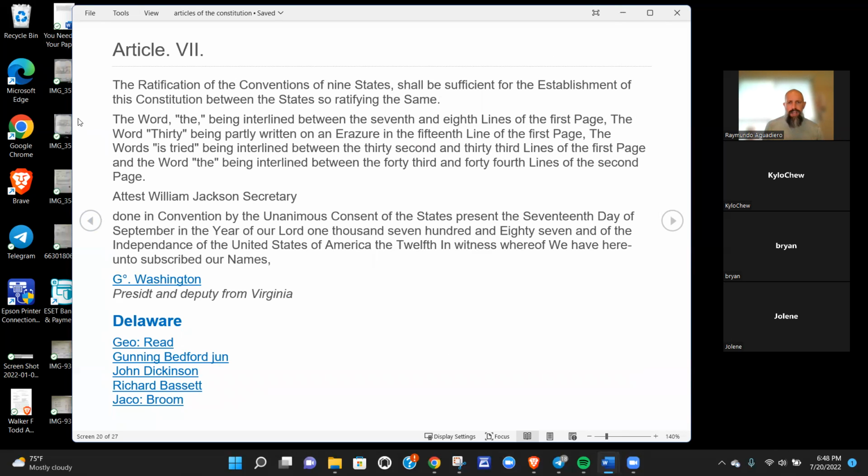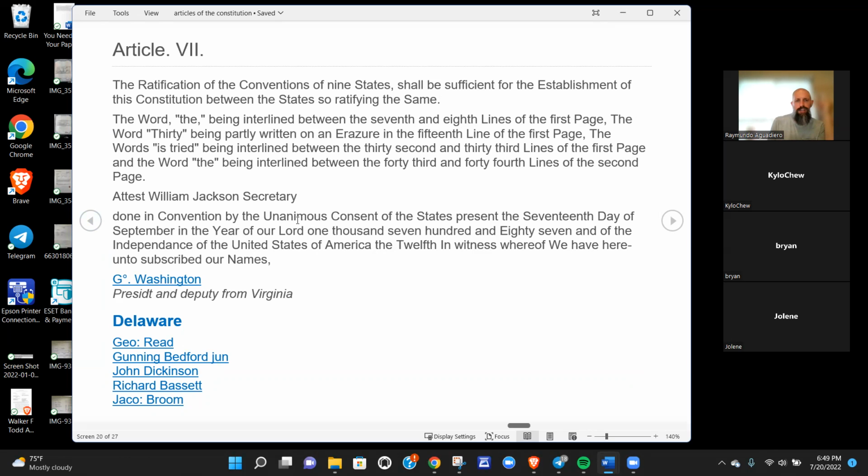This part was some corrective things, I believe, in the original writing. I think it was the word "the" being interlined between the 7th and 8th lines of the first page. I think it was just a correction for being able to read it.